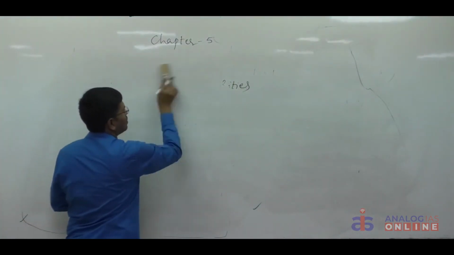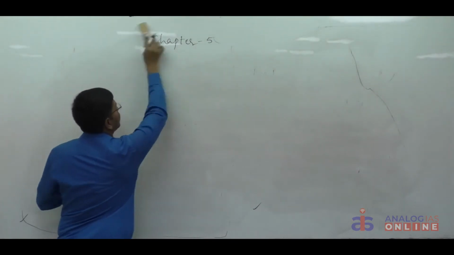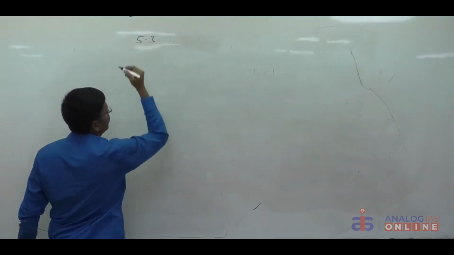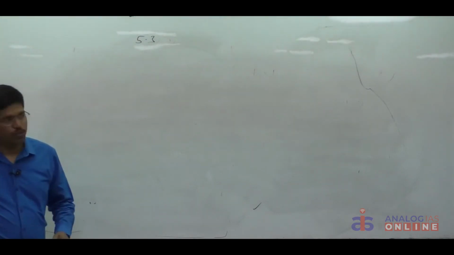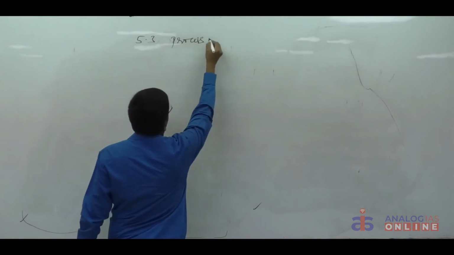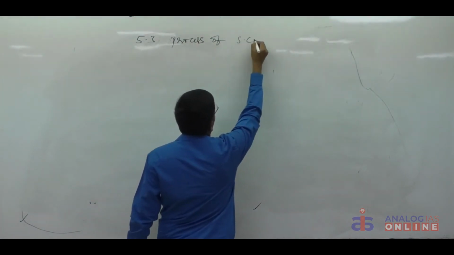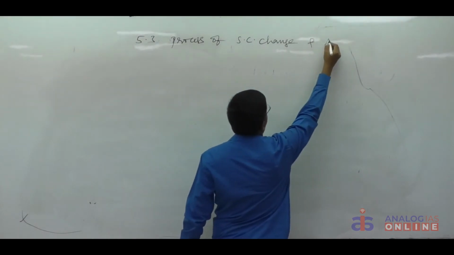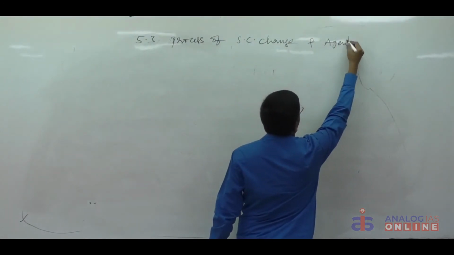They are general concepts, that's why I am not explaining. Now let us discuss 5.3, the processes of socio-cultural change and agents of socio-cultural change.